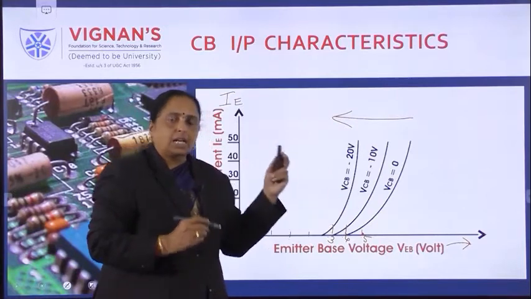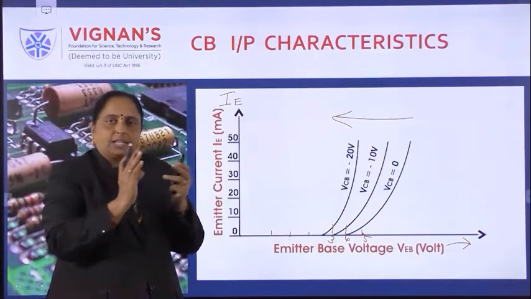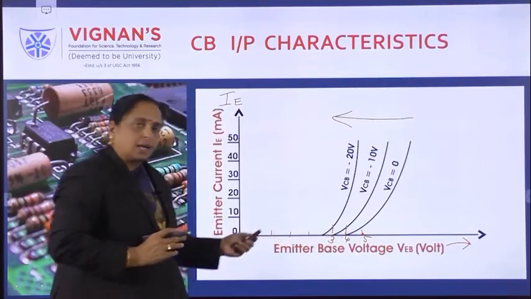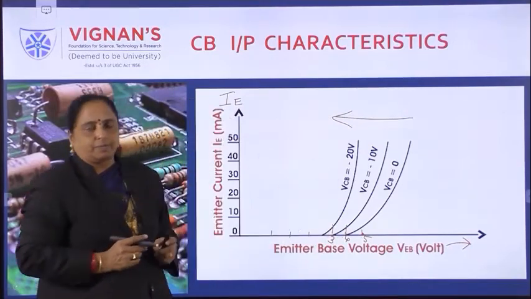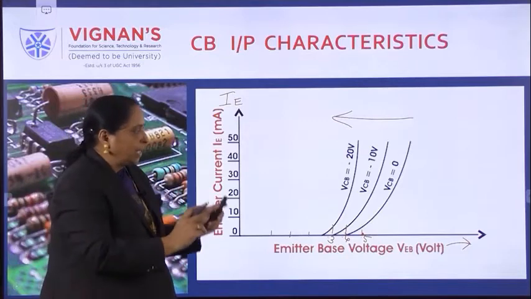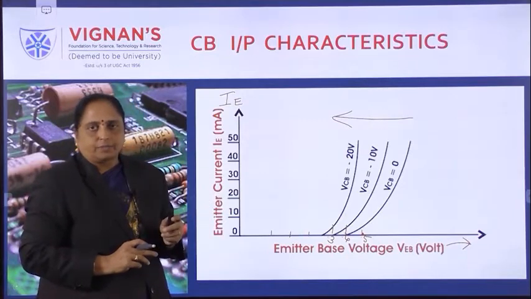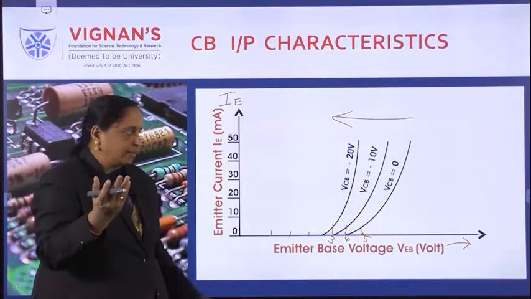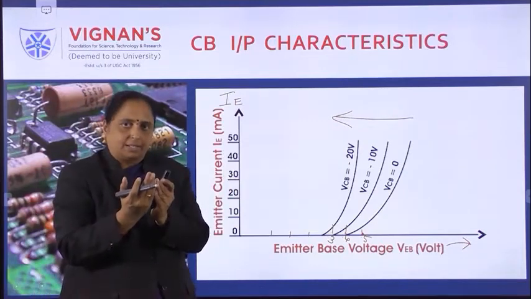Whenever the reverse voltage on the collector is increasing, it is conducting earlier than the previous one. So this is completely due to the early effect. Already you know that whenever the collector junction is more reverse biased, the effective base width decreases.